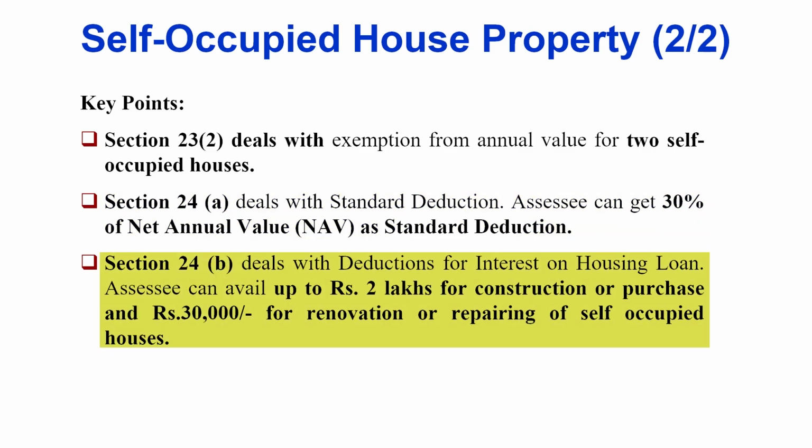Section 24B deals with deductions for interest on housing loan. Here the assessee can avail up to rupees 2 lakhs for construction or purchase and rupees 30,000 for renovation or repairing of self-occupied houses.